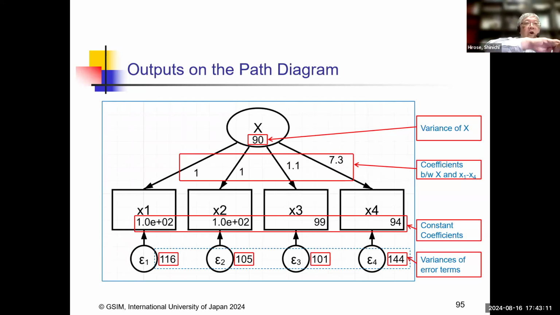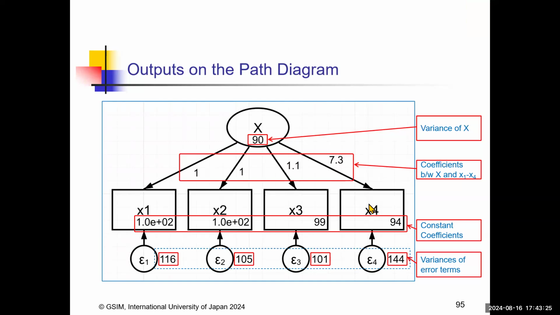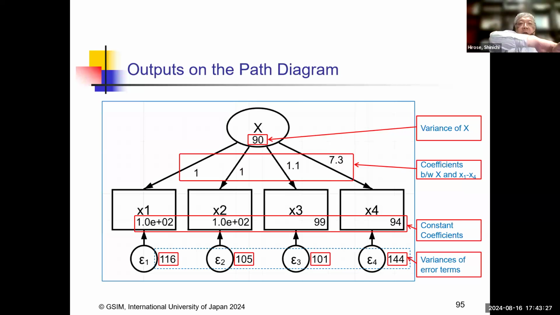Constant and the coefficient. So this is analogous with multiple regression. Okay. Constant and the coefficient which represents the slope. However, technically, there are some complicated matters in the case of SEM that I will explain later.